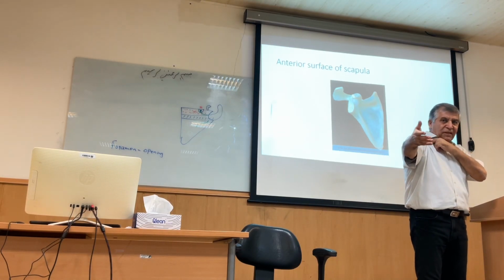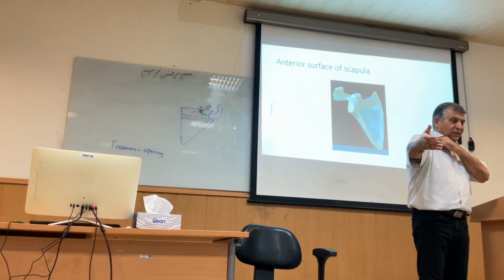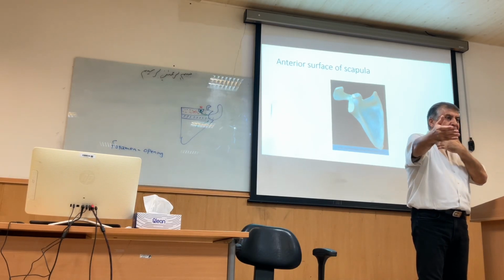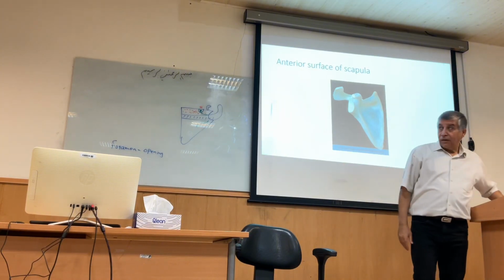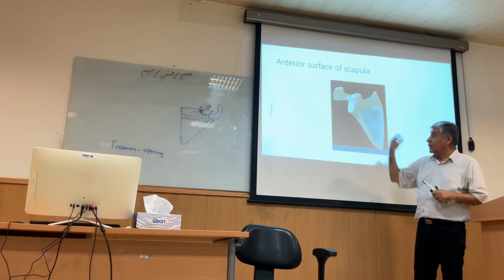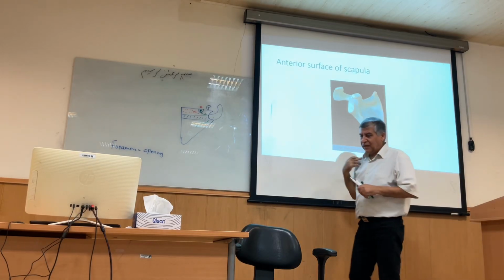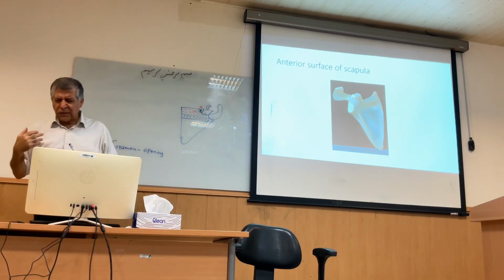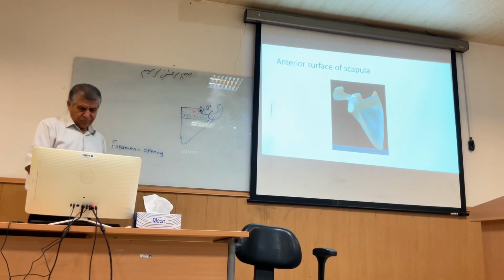Coracoid process is on the clavicle, between the attachments of trapezius, deltoid and pectoralis major.